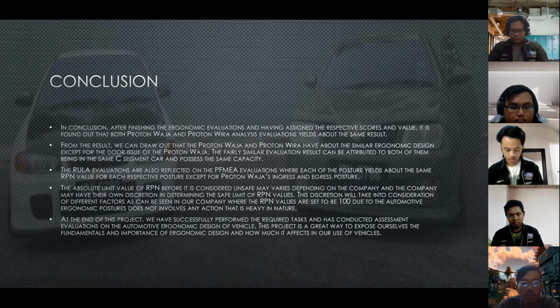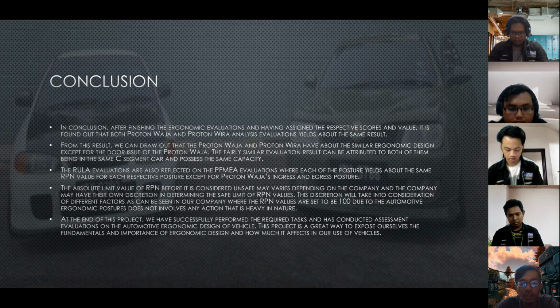The absolute limit value of RPN at which a posture is considered unsafe may vary depending on the company, and the company may have their own restriction in determining the safe limit of RPN value. This restriction will take into consideration different factors, as can be seen in our company where the RPN value is set to 100 due to the automotive ergonomic posture.